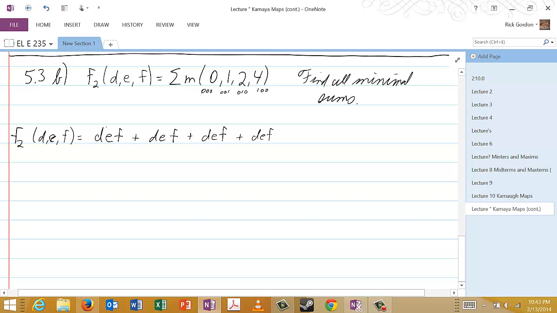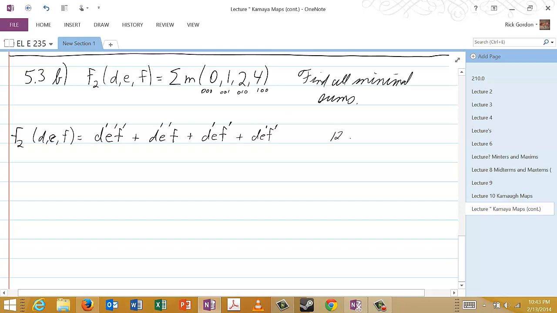So we get the first term is D prime, E prime, F prime, D prime, E prime, F, D prime, E, F prime, and finally D, E prime, F prime.